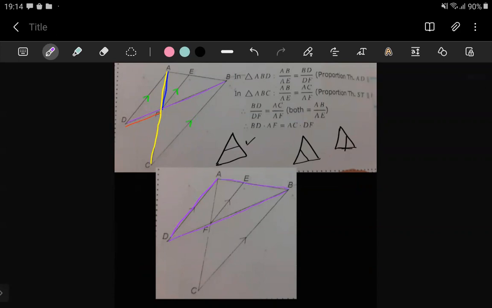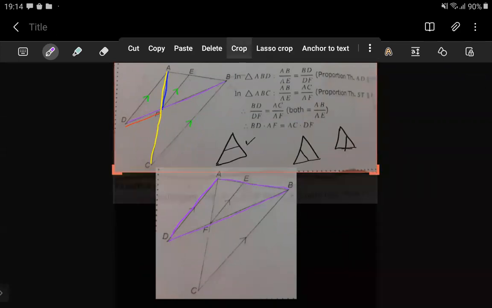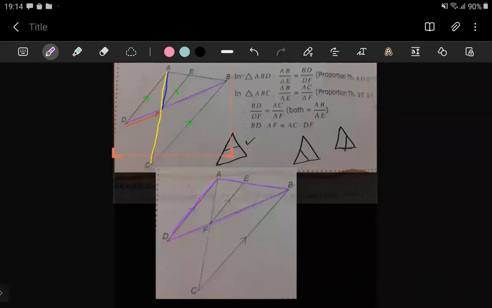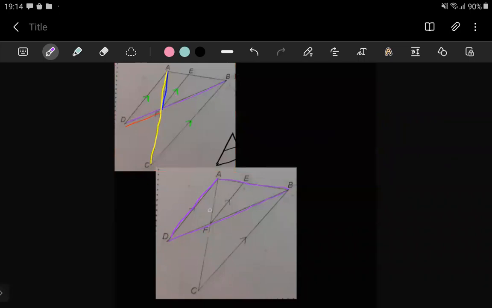That's the one triangle we would probably be thinking of. Let me crop this out also so that we don't cheat. The reason we would want to think of this big triangle over here is because that's the only triangle that accommodates line DB. So we want to think of this triangle.